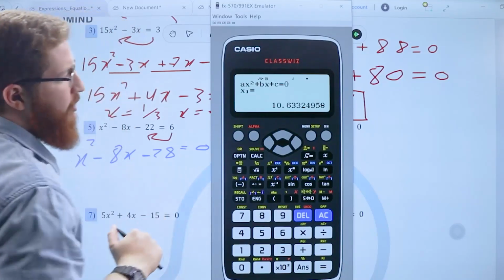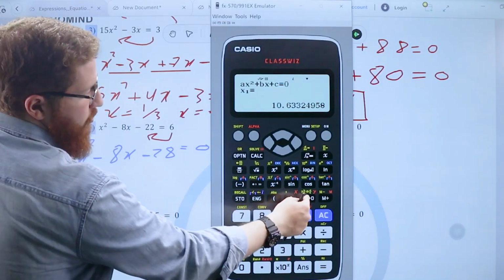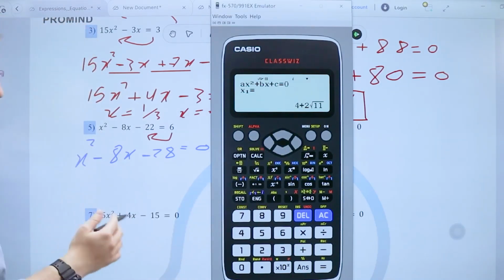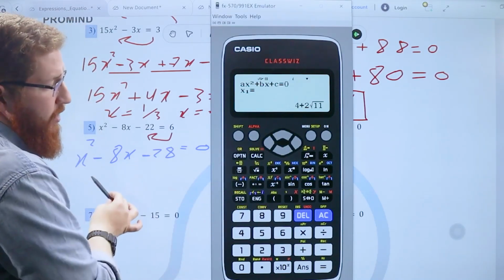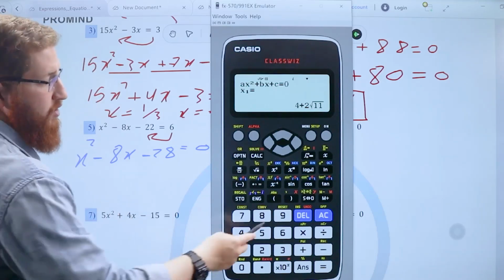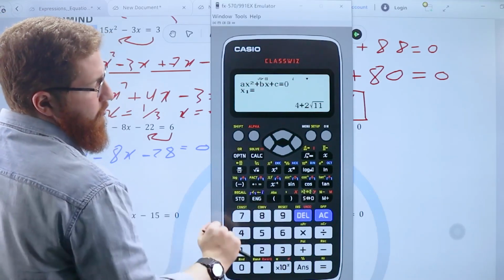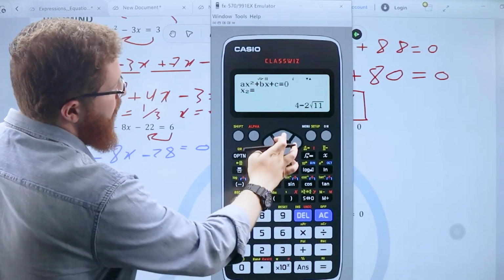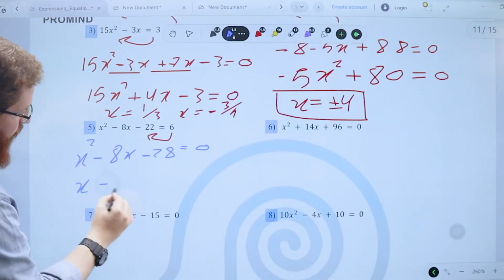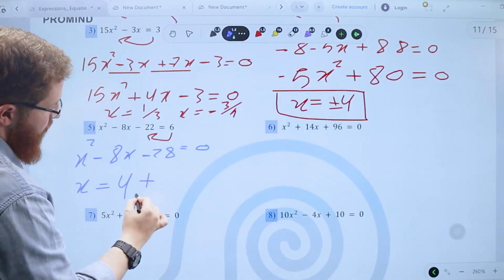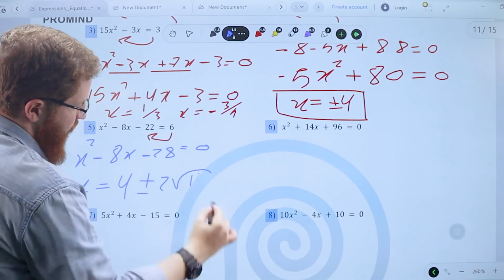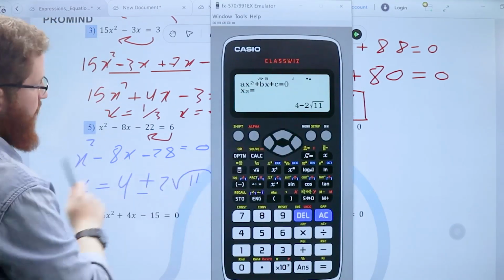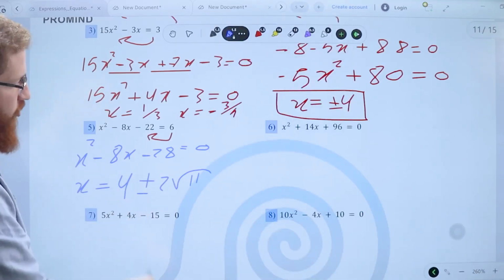You can see the decimal if you use S to D, but you can keep it the same. If it's a multiple choice, if the choices are all in decimals, you have to convert to decimal. So x equals 4 plus minus 2 radical 11, right? Yes, because they are conjugates, just this changes the sign.